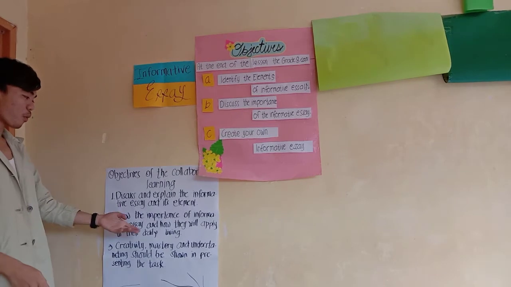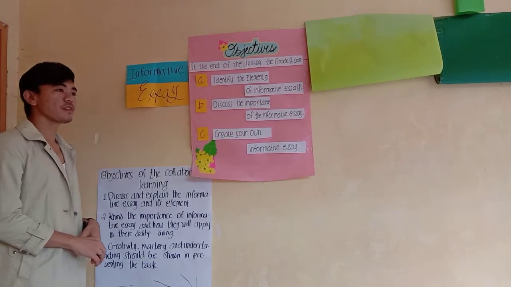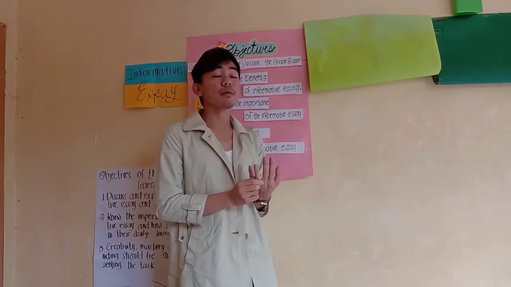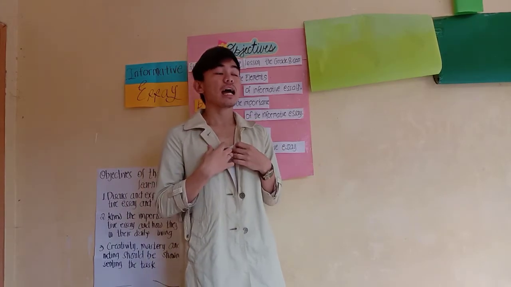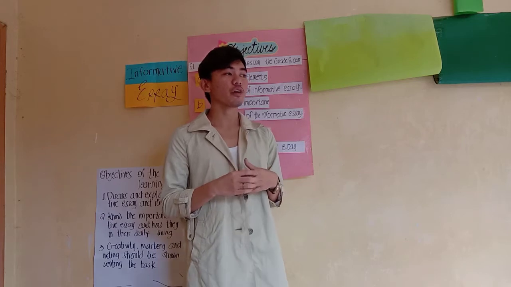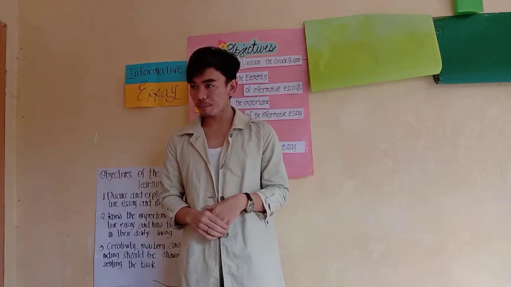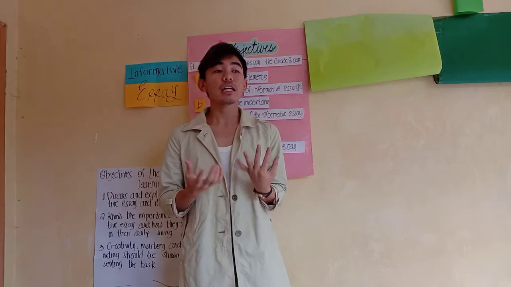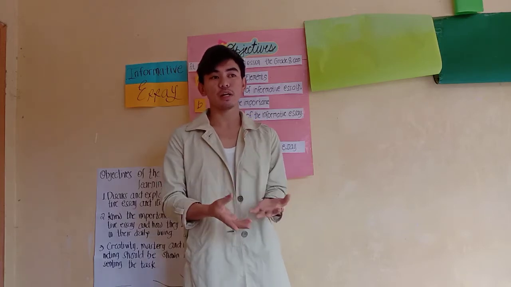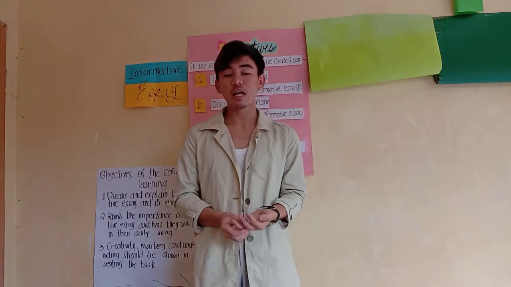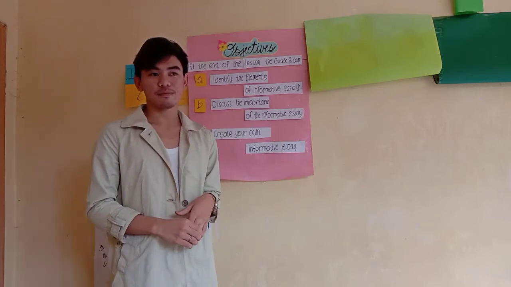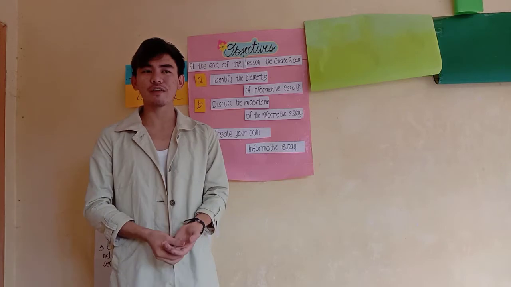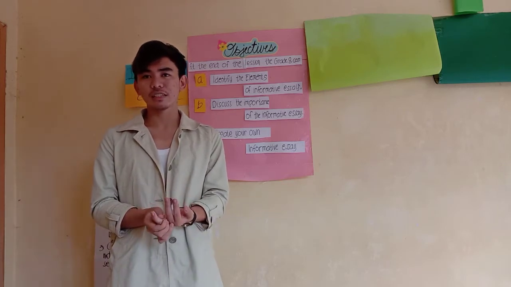And also the importance: as you said earlier, the informative essay is very important in our daily living, because we can be an example, a living informative, wherein we can inform other people, especially if that thing is really helpful to everyone. So you must put it in your mind that the informative essay is very important in our daily life. Are we clear? Do you have any question or clarification?